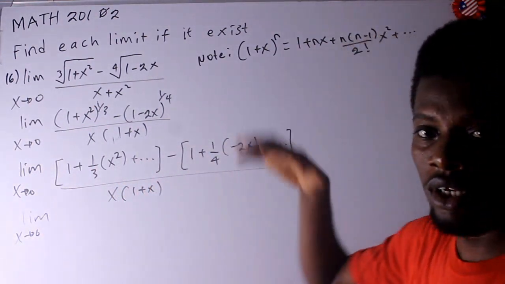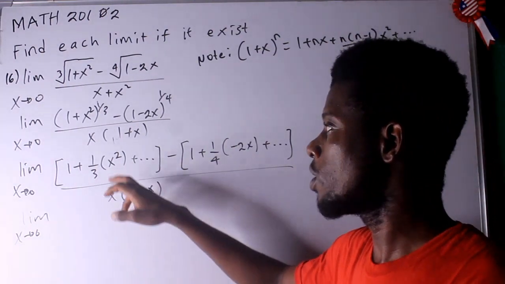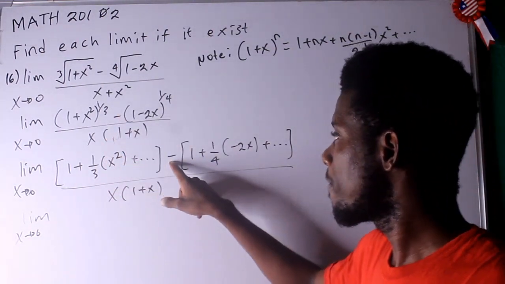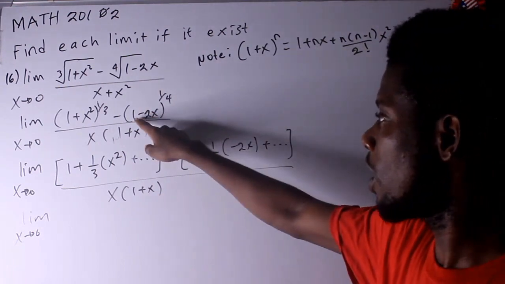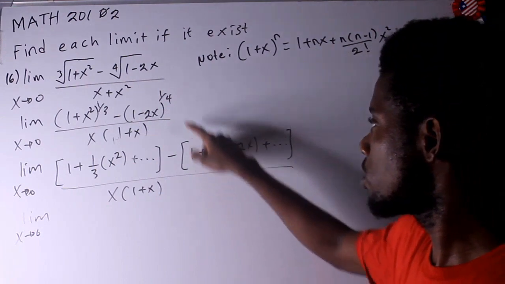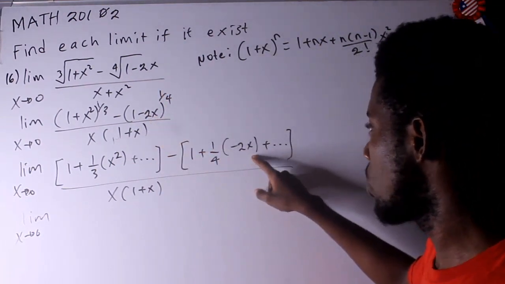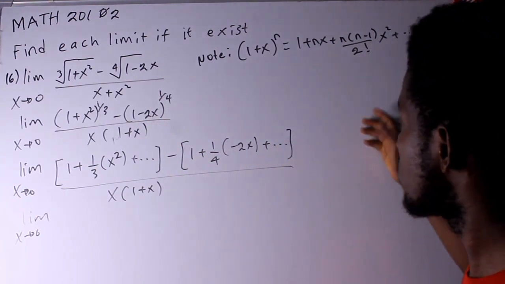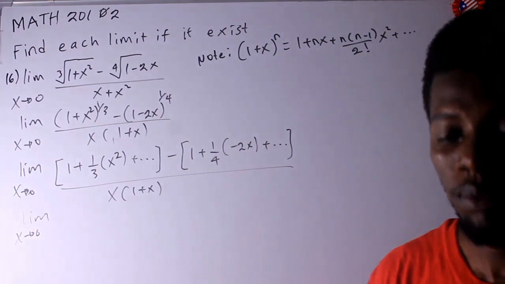Now the third term will go to 0, so I'm just going to stop right here, and then minus, you apply this expansion on this, you have 1 plus nx, so it's plus, n is 1 over 4, and x is negative 2x, plus dot dot dot, all divided by x times 1 plus x.